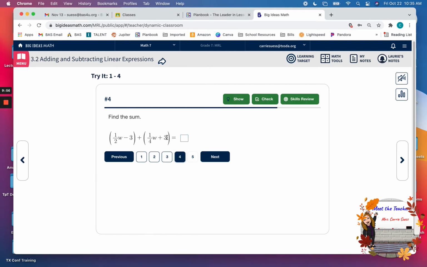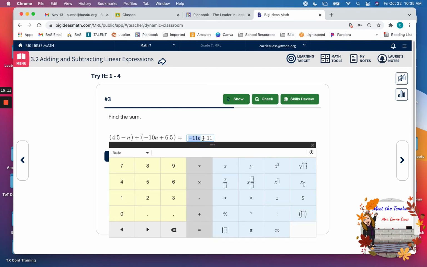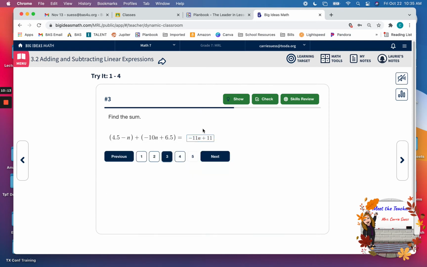Because we got rid of the second set of like terms? It's a good question. He's asking how come number 3 looks like an equation still. It's actually called an expression because there's no equal sign. That's because we can't combine anything with the n with something without an n. So the answer looks like an expression.